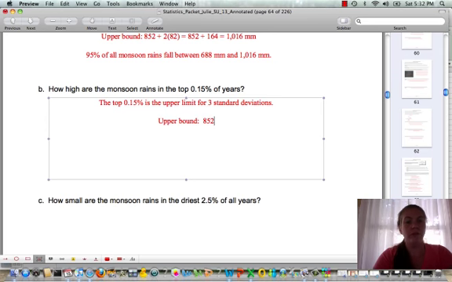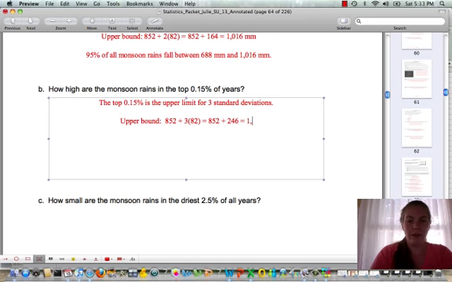So we can say 852 plus 3 times 82, which is our standard deviation. So 3 times 82 is going to be 246. So it's going to be 852 plus 246.